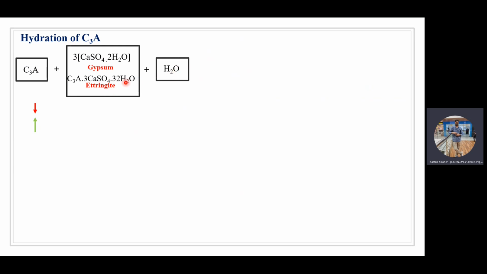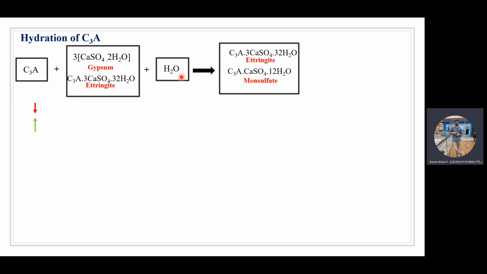These reactions will happen in the presence of water. So now you are going to get a compound which is called ettringite here. First, let us understand the path in a different way. When the C3A compound reacts with gypsum, let us understand that clearly first. So here, the C3A compound is going to react with the gypsum.